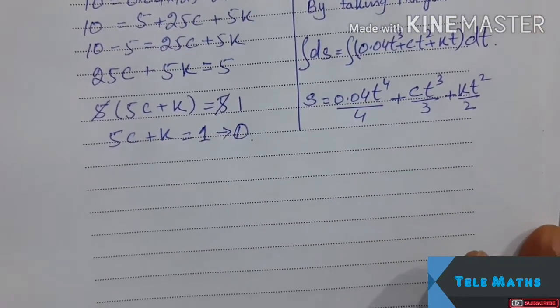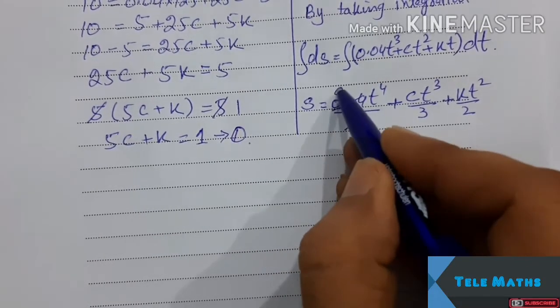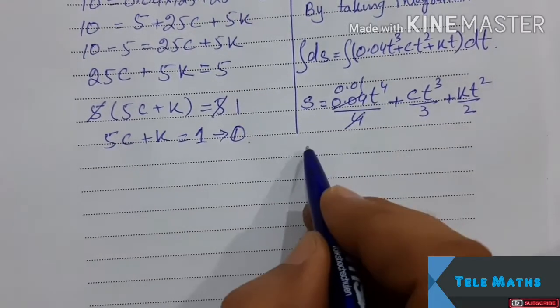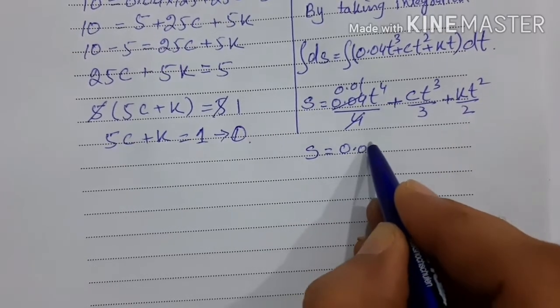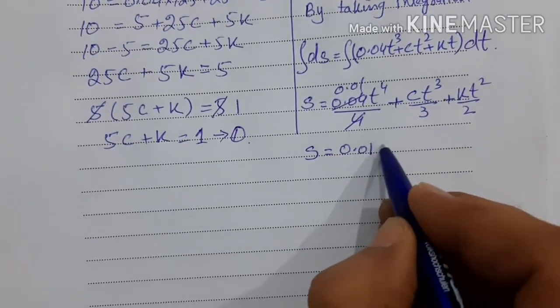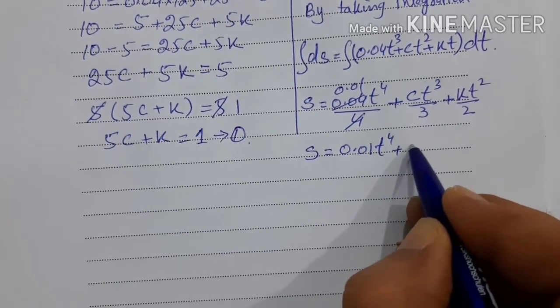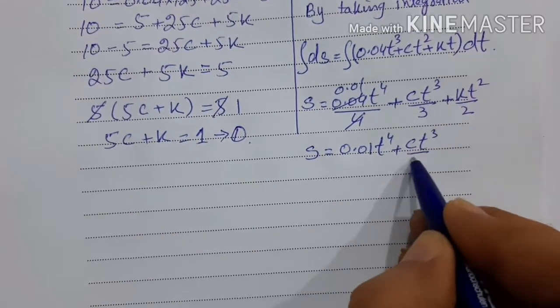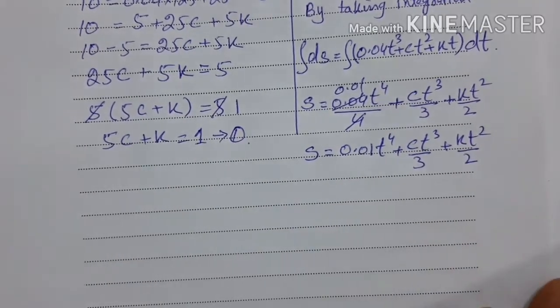Now this will be 0.01, so s is equal to 0.01 t to the 4 plus c t cube over 3 plus k t square over 2.